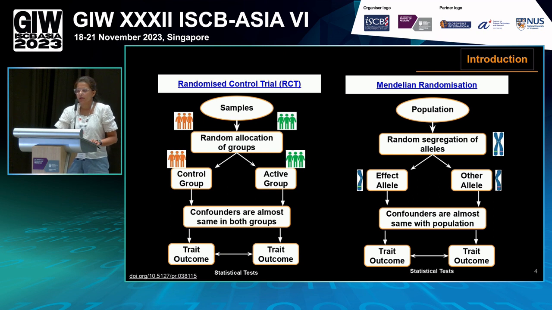The second problem is bias. Suppose an individual has a family history of diabetes. Even if that individual is in the active group and going through some medication, that individual will have a higher probability of having diabetes than an individual in the control group.